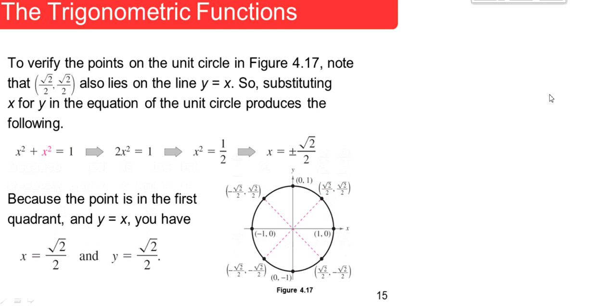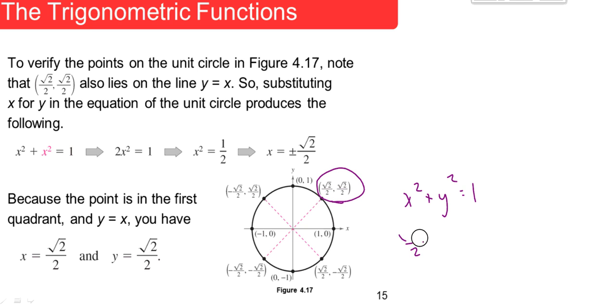Thinking of it as still x squared plus y squared equals 1, and using this point, the square root of 2 over 2. Oh, I did not write that well.